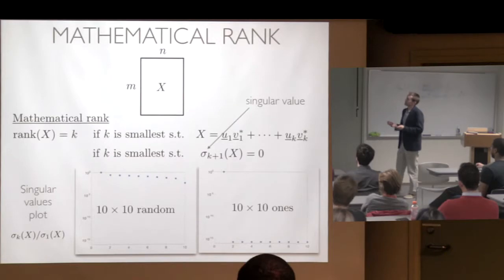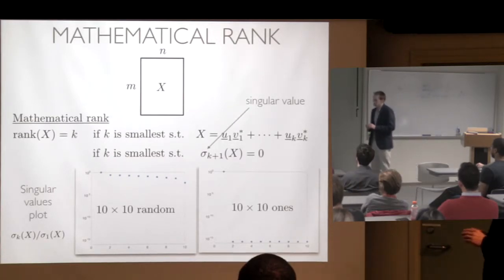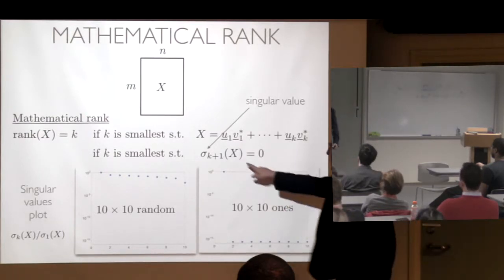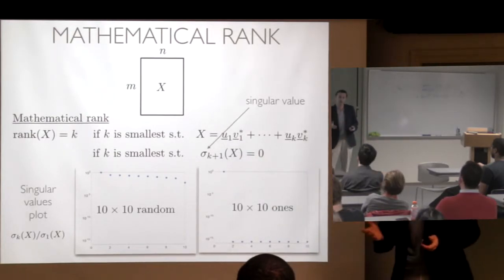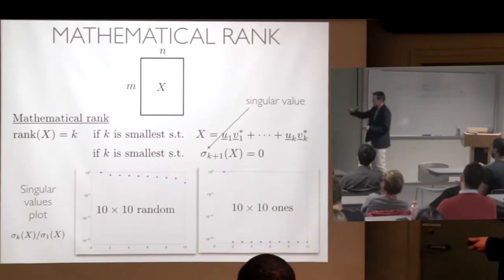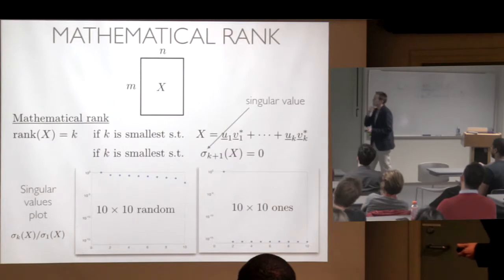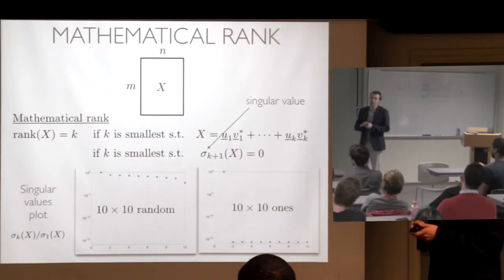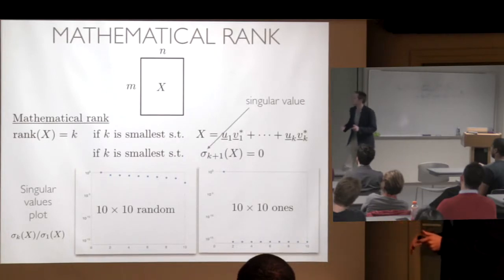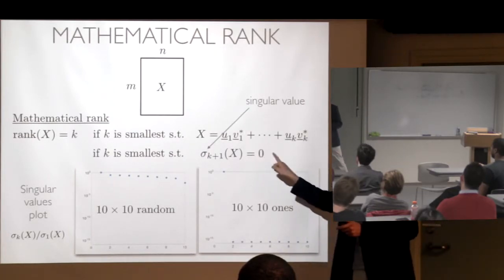Assigned to every matrix X is a sequence of numbers, the singular values of X. These tell you how many terms you need to write down X exactly as a low rank expression like here. So an equivalent characterization of the rank of X being K is that K is the smallest integer so that the K plus 1 singular value is 0.